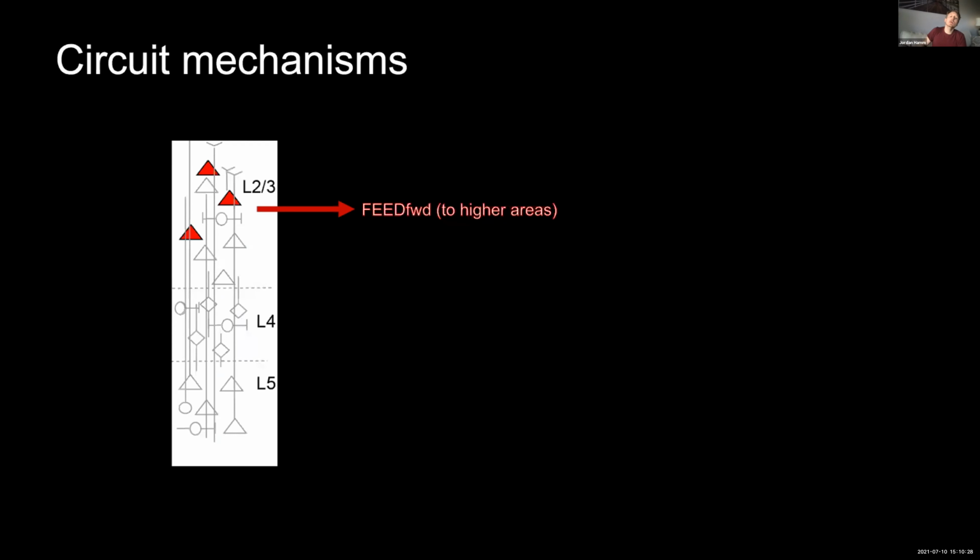Okay, so that's this first part. As we know, layer 2-3 in the visual cortical system tends to feed forward projections to higher visual areas.